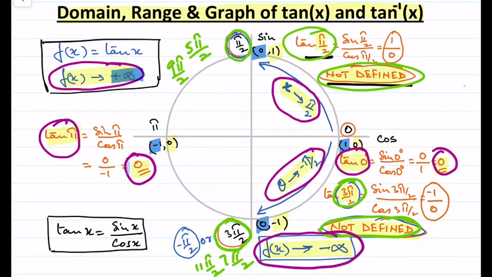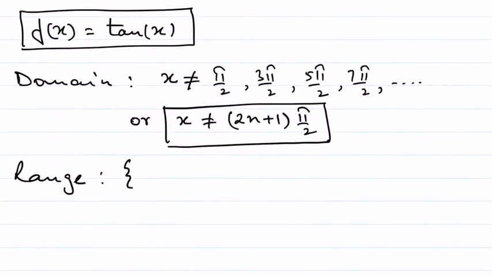So out of these 3 or 4 values, minus infinity is the minimum value and plus infinity is the maximum value. So the range of the function will be from minus infinity to plus infinity.